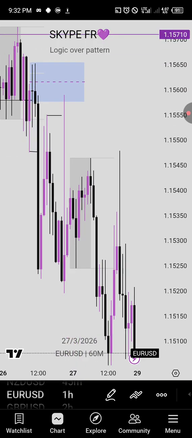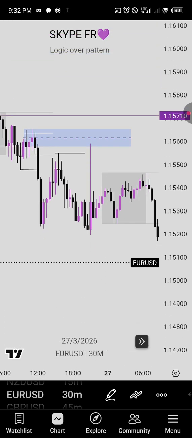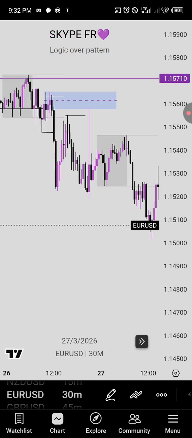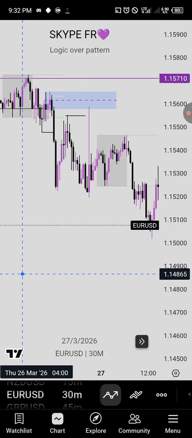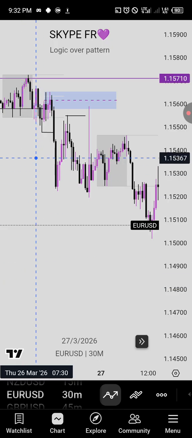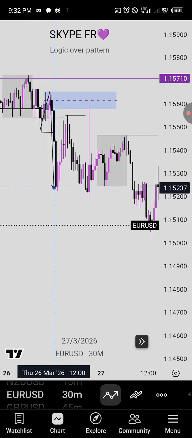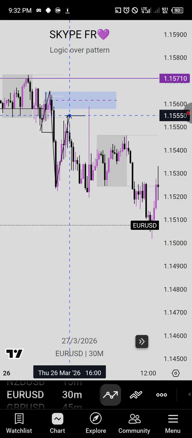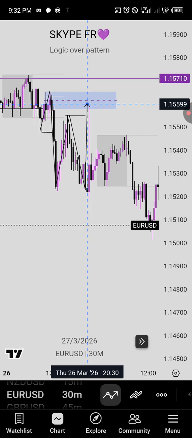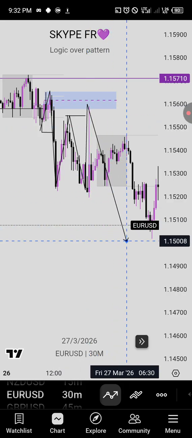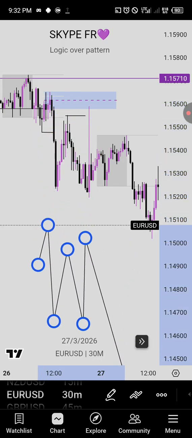So you can see what we have here: the breaker structure, inducement, and tap on our order block.